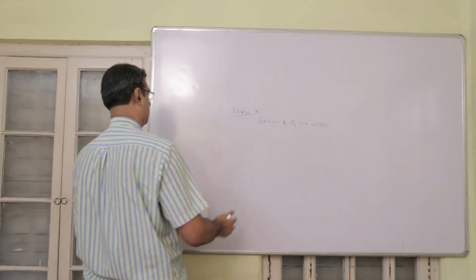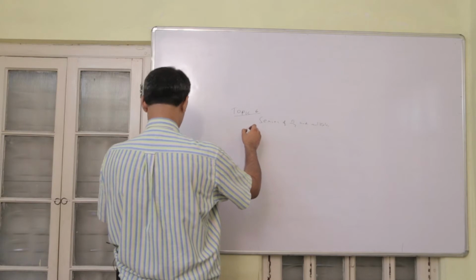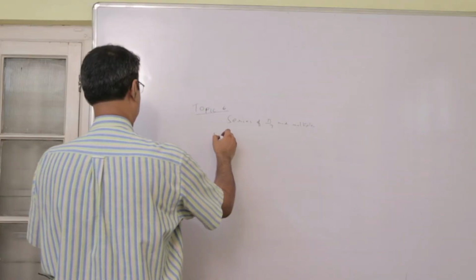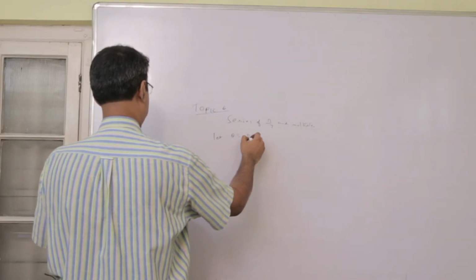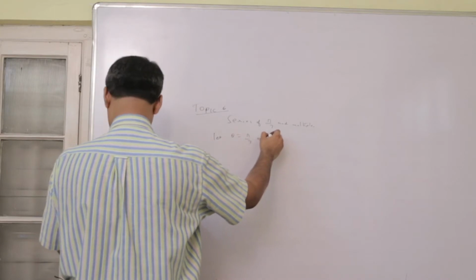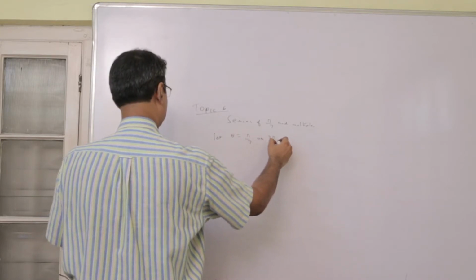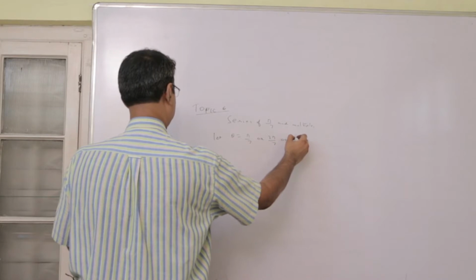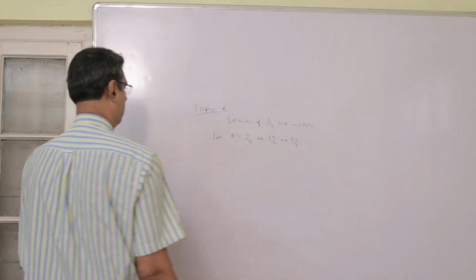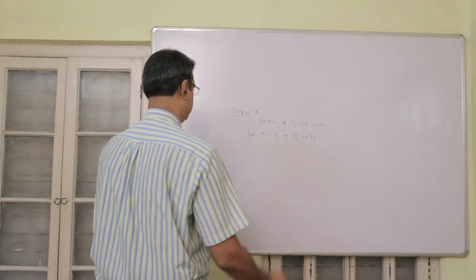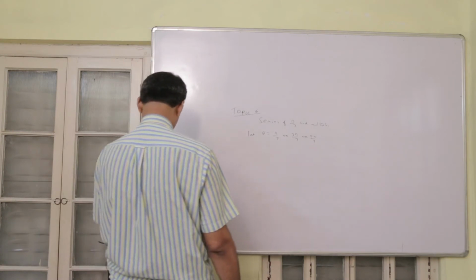So suppose we begin like this. Let's say theta is equal to pi by 7 or 3 pi by 7 or 5 pi by 7. Suppose theta has these values.